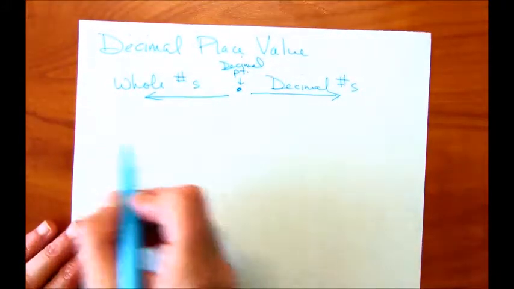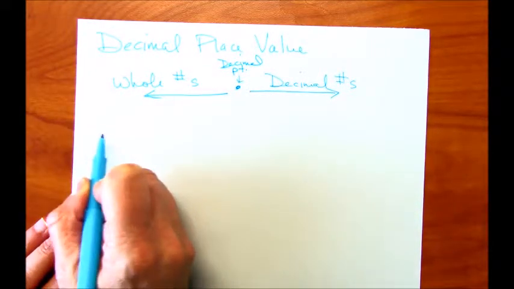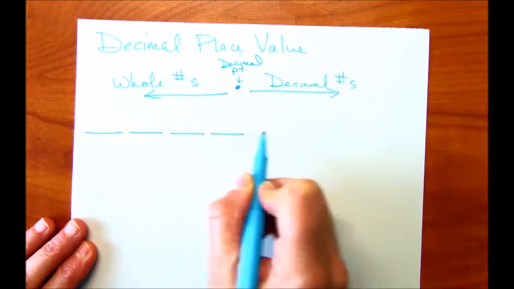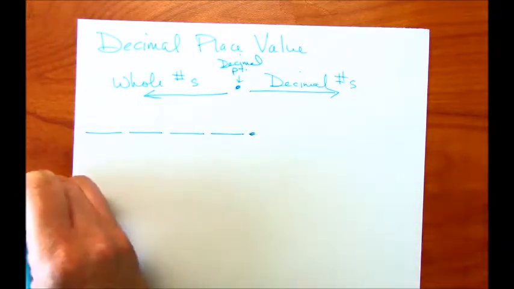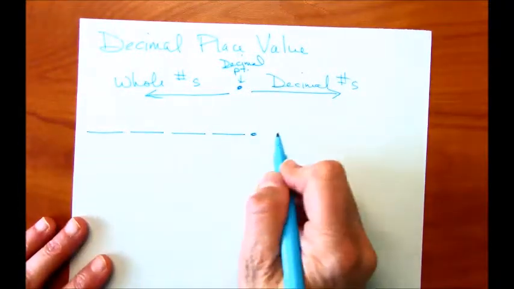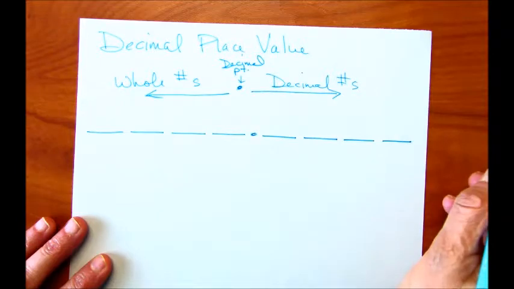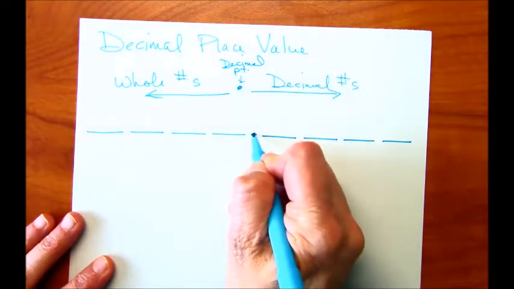If you remember some of the whole number place values, I'll just draw some lines here. There's certainly more that go in this direction, and then there are also more that go in this direction. But let's just start here.